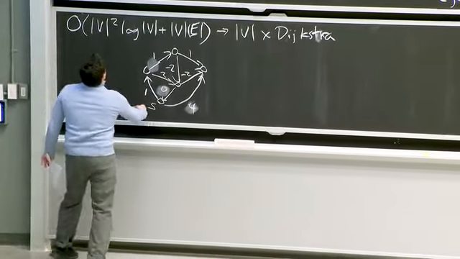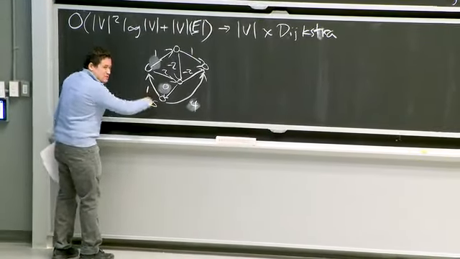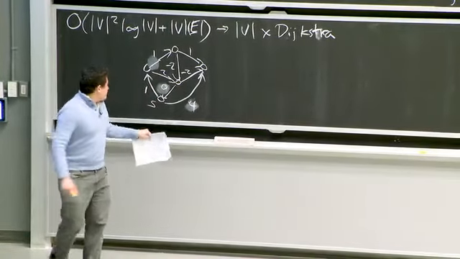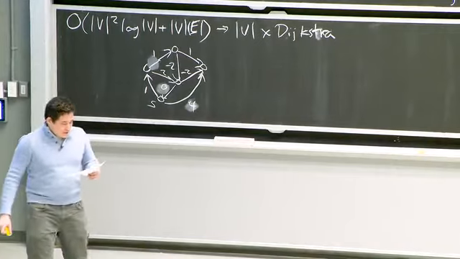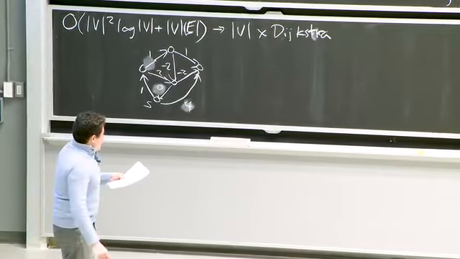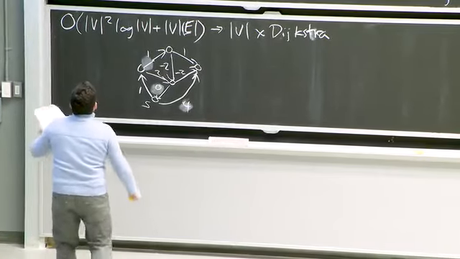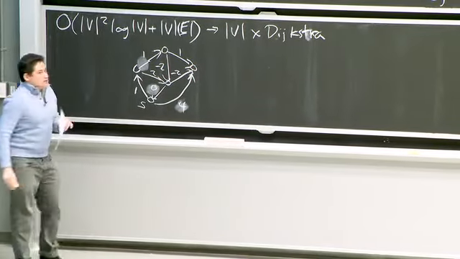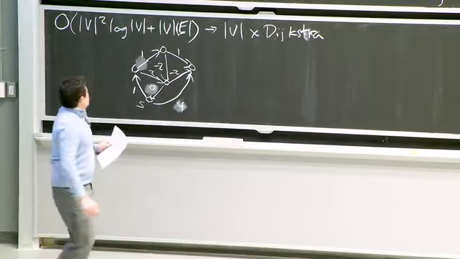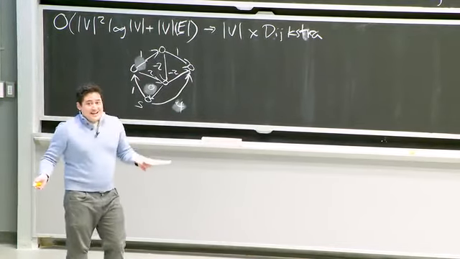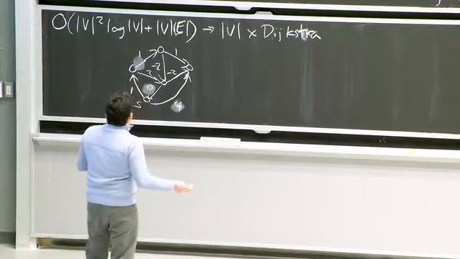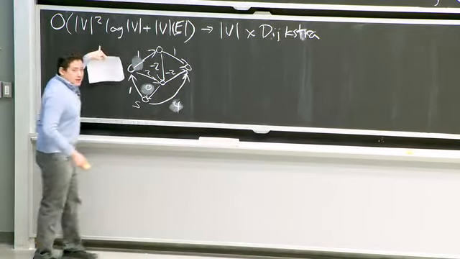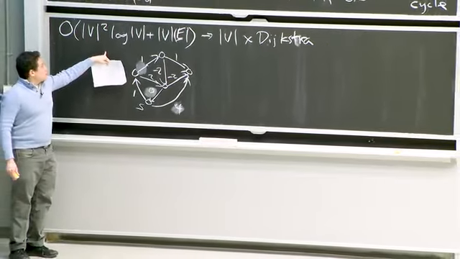There's no S in all pairs shortest paths, but I'm going to be talking about a couple shortest paths from S in my next argument, so I'm just labeling that vertex as S. Okay, the approach we're going to take: we're going to try to take a directed graph that has negative edge weights. We don't know if it has negative cycles or not yet, but we want to compute all pairs shortest paths, not in this running time, but in this running time. How could we do that?